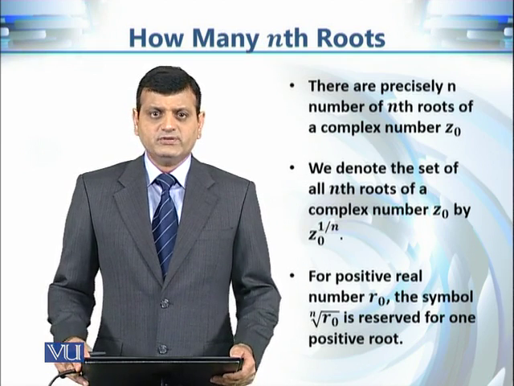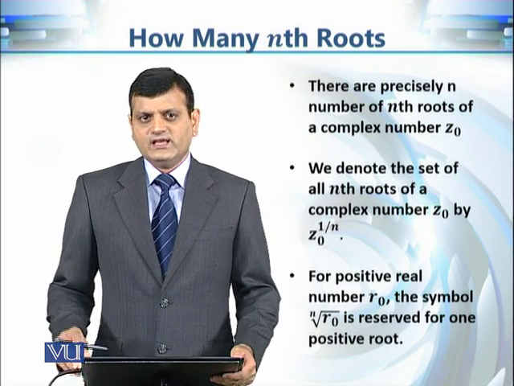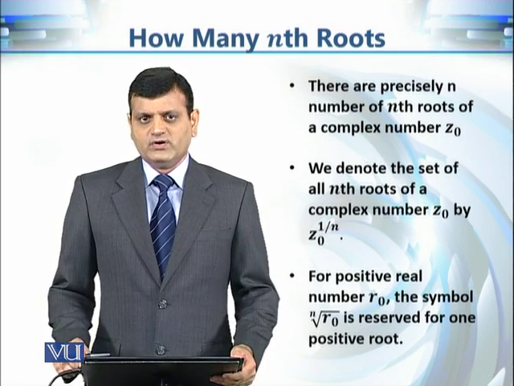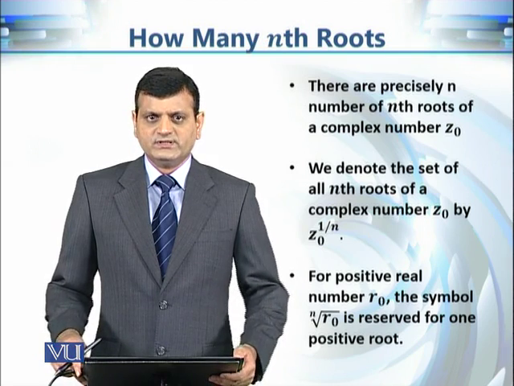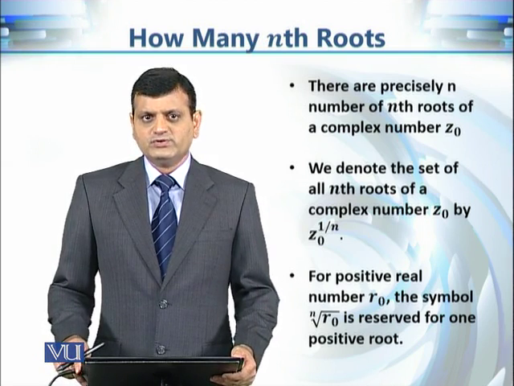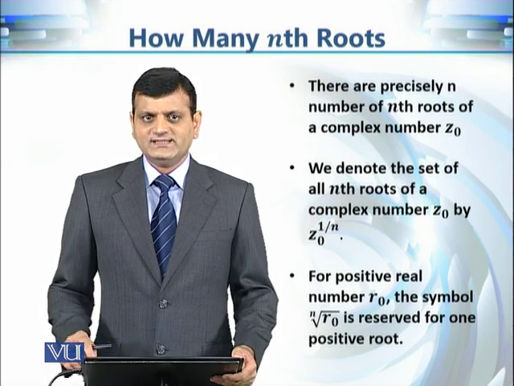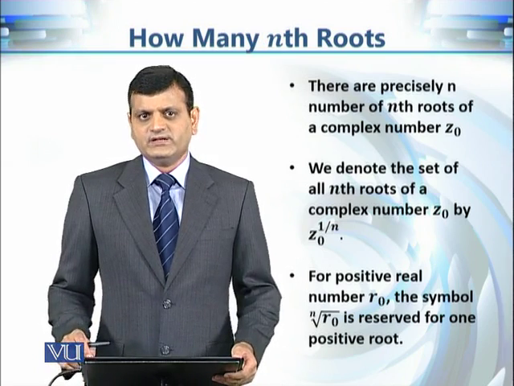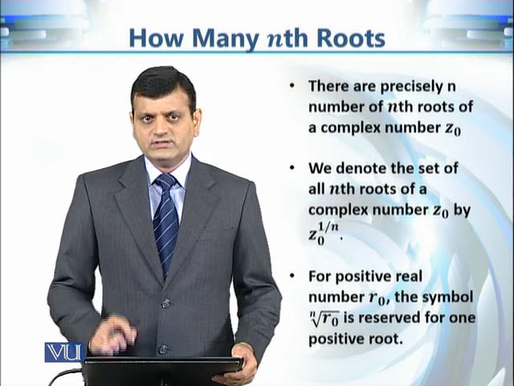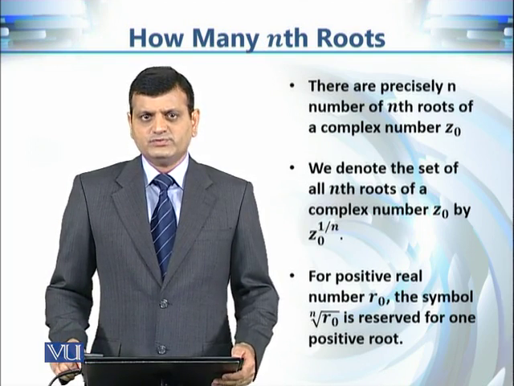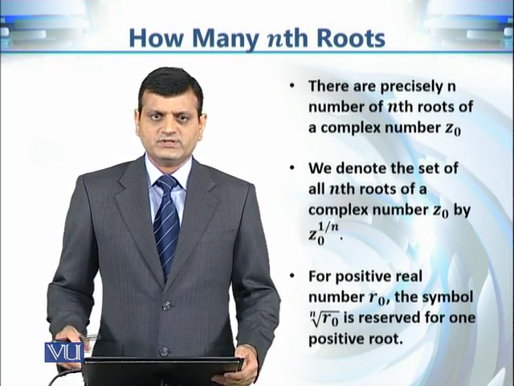If r naught is a positive number, then there's going to be one answer, or one member of the 10th roots of r naught, which is going to be positive. And it's that positive number that we used to consider in schools. But the other numbers are going to be complex numbers mostly.